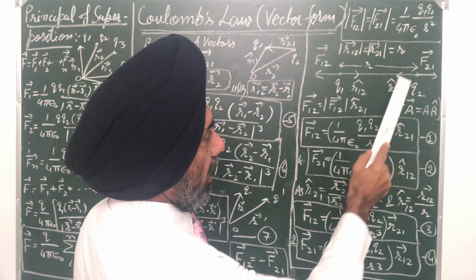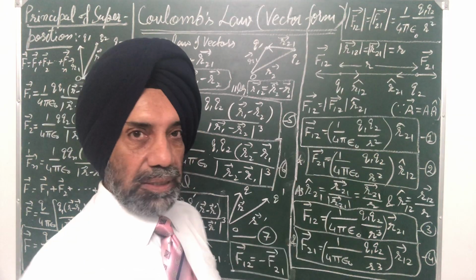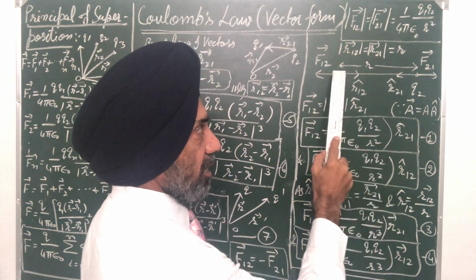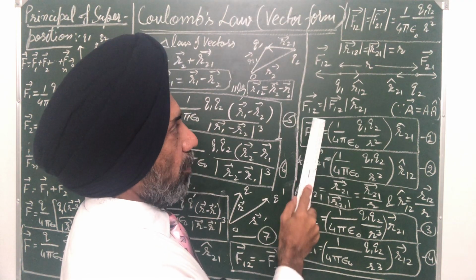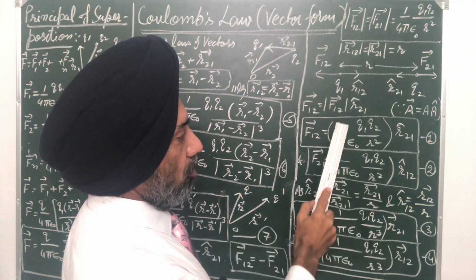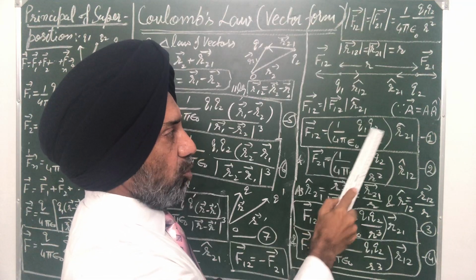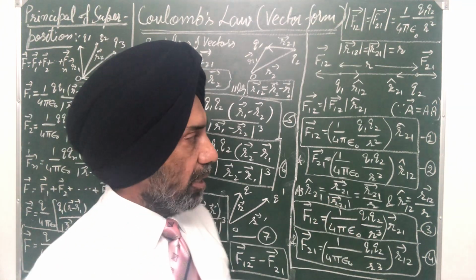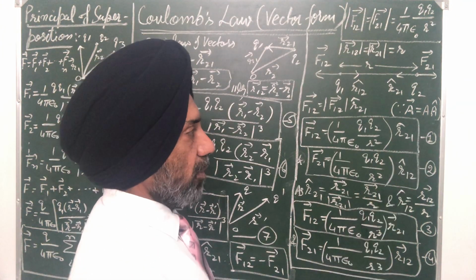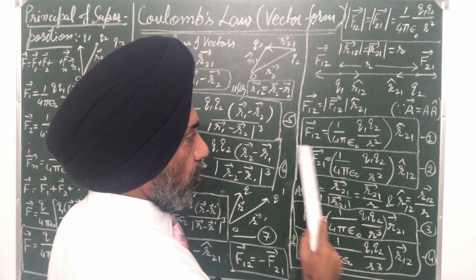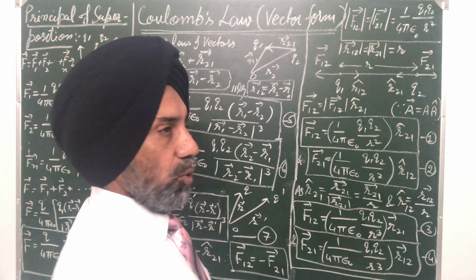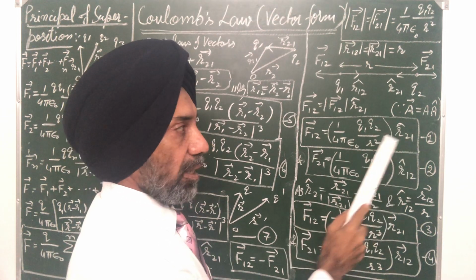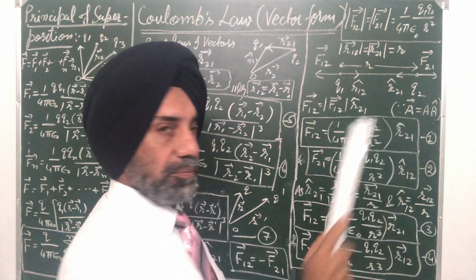Because R21 cap and F12 are in the same direction. So R21 cap gives the direction of F12. So F12 is given by substituting the value of this magnitude, 1 upon 4 pi epsilon naught Q1 Q2 upon R square, then into R21 cap.